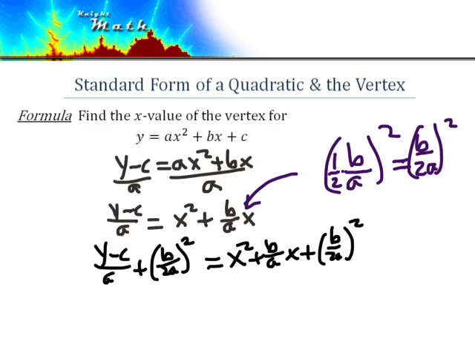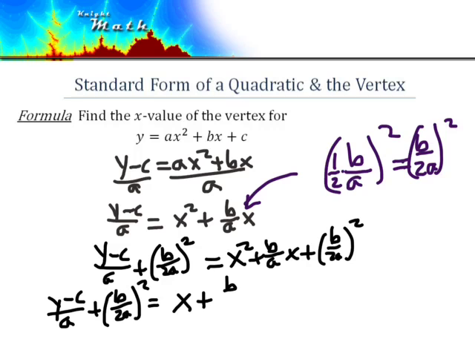That's looking pretty ugly, but it'll clean up in the end. And we're going to get this b over 2a squared. This side will factor into x plus b over 2a squared.